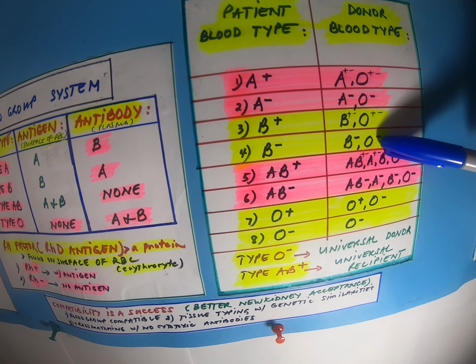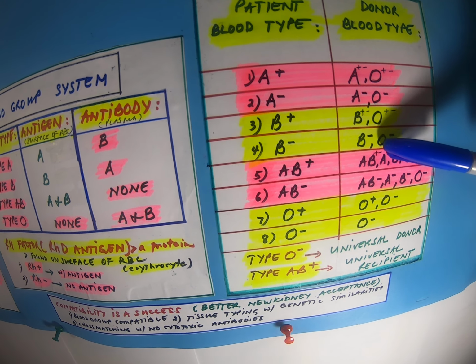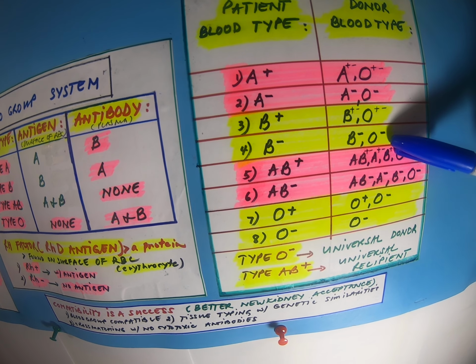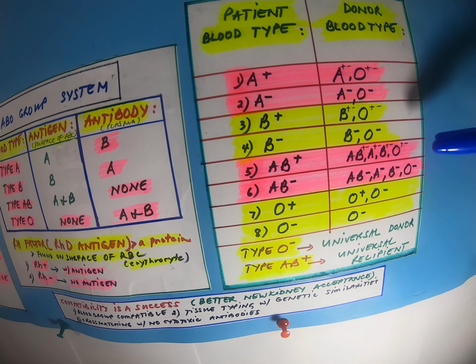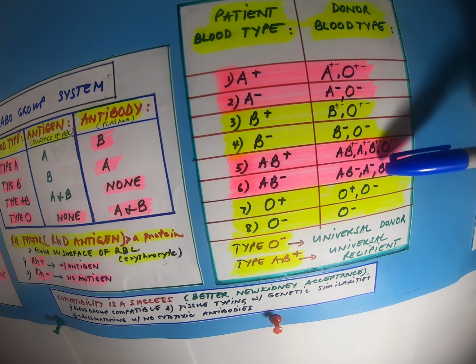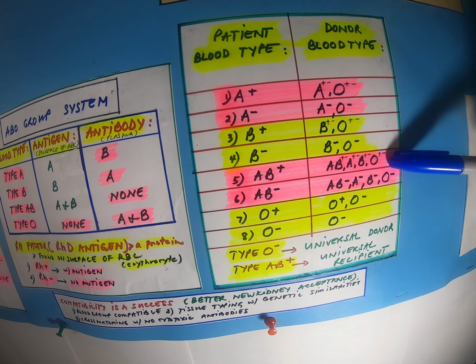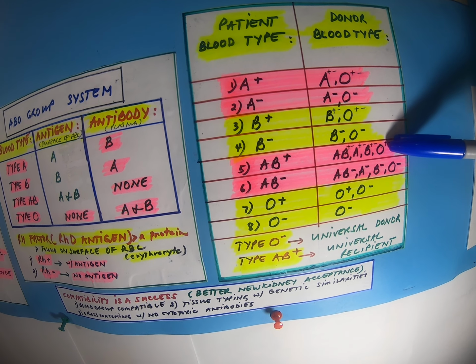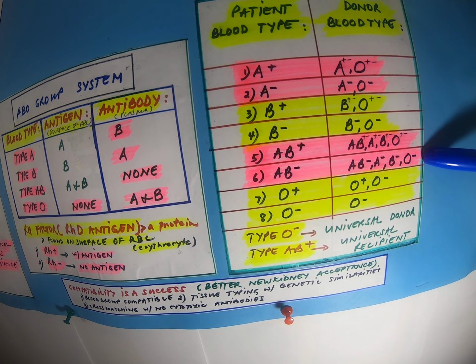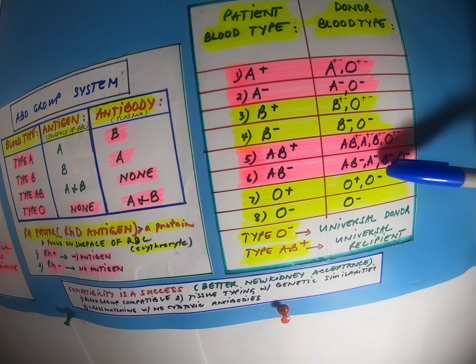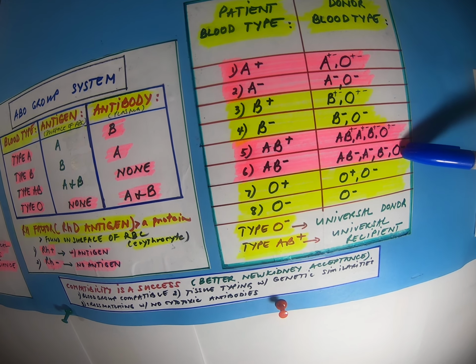Rh negative cannot have Rh positive. So negative is to negative. AB positive can have this blood type donor: AB, A, B, and O, all of them positive and negative. If it is AB negative, again, as I told you, it will be all negative: AB, A, B, and O, all negative.